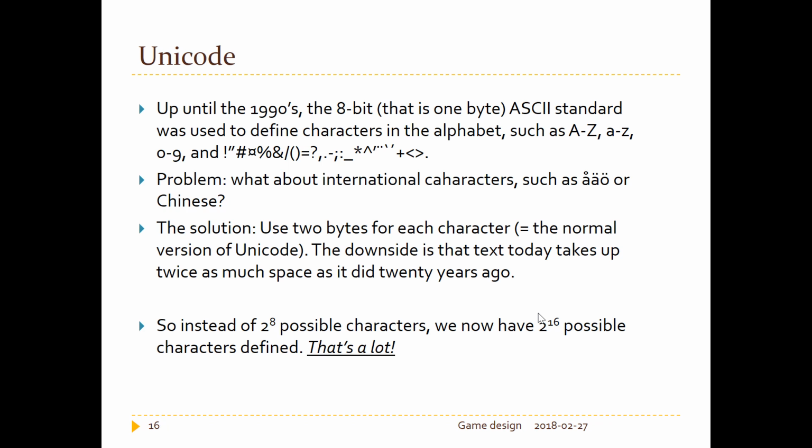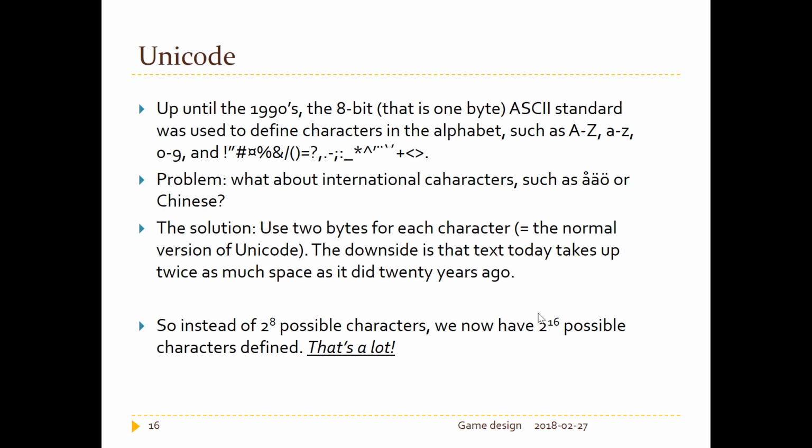Well, the solution one came up with was to use 2 bytes for each character instead of just 1. So this is Unicode, or the normal version of Unicode. And the downside is that text today takes up twice as much space as it did before. But anyway, people felt that this was the way to go.